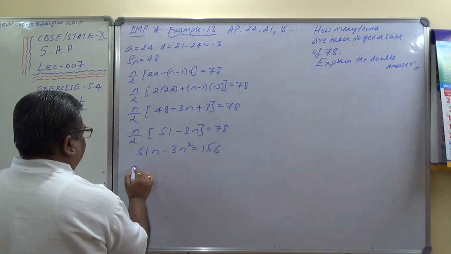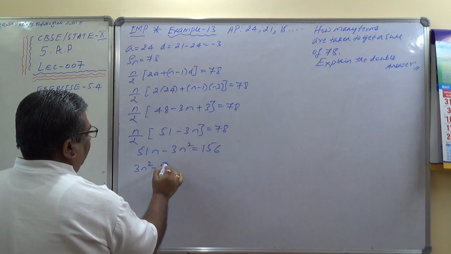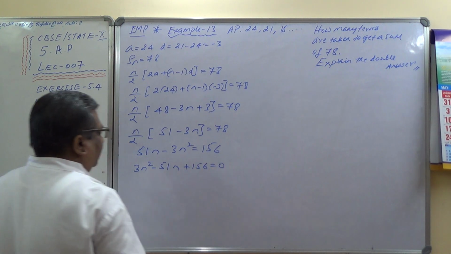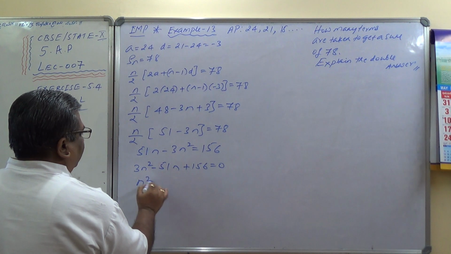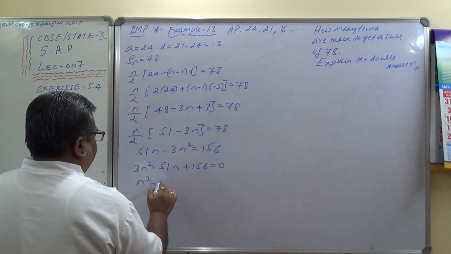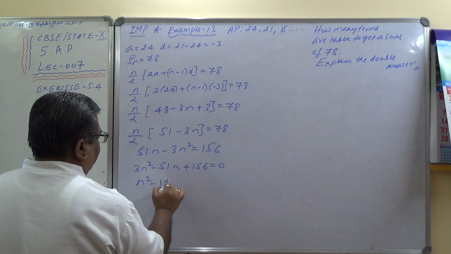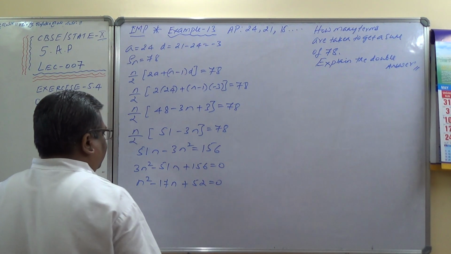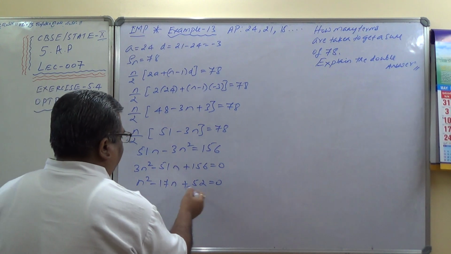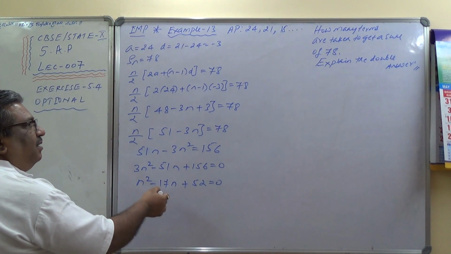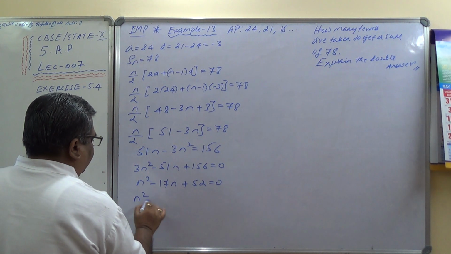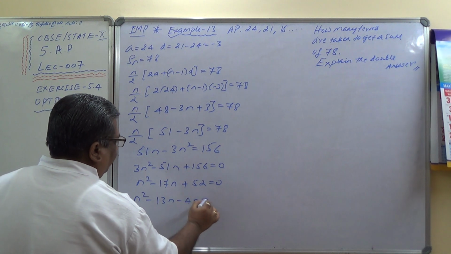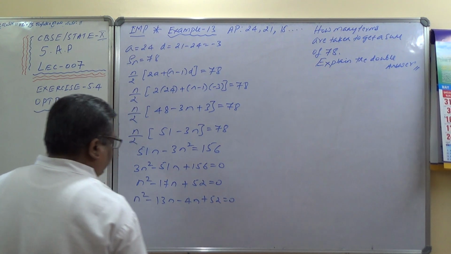Take everything that side. 3n square minus 51n plus 156 equals 0. n square minus 17n plus 52 equals 0. 13 fours are 52, minus 13 minus 4, n square minus 13n minus 4n plus 52 equals 0.